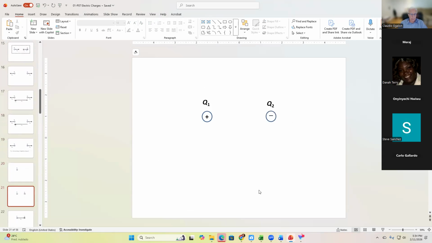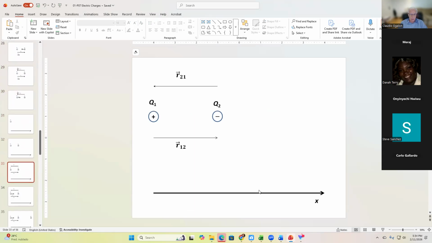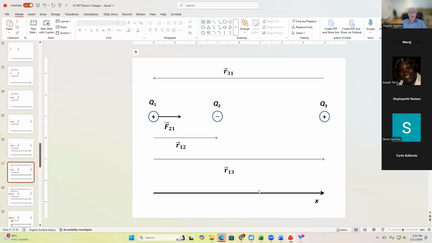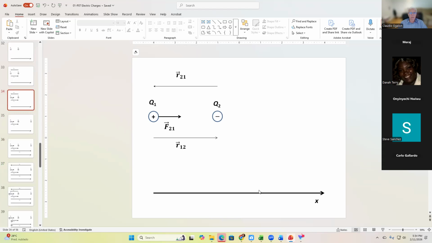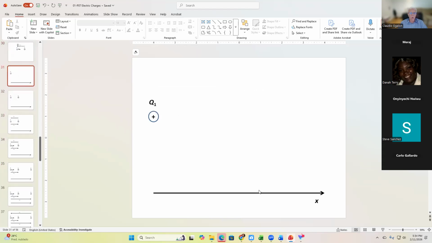Let me give you an example here. Suppose that we have a set of electric charges, Q1, Q2, and I'm going to place another charge, Q3. They're all lined up.